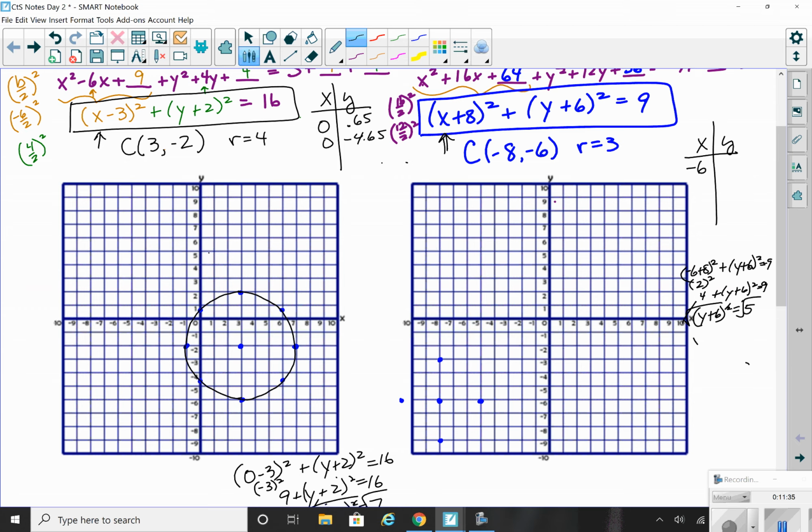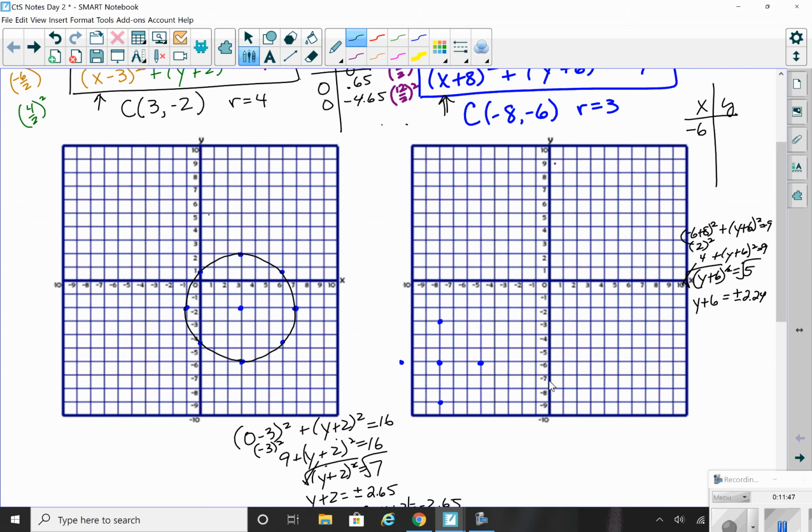And then I'm going to go ahead and take the square root of both sides. So as I do that, I get y plus 6 is equal to plus or minus the square root of 5, which is about 2.24, again using my calculator. Remember that this is really 2 separate equations or 2 separate solutions. You have y plus 6 equals 2.24, or you have y plus 6 equals negative 2.24.